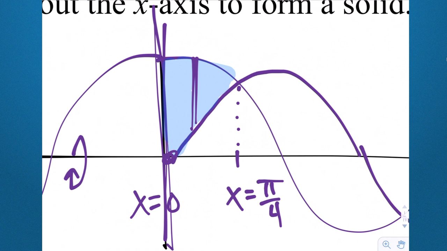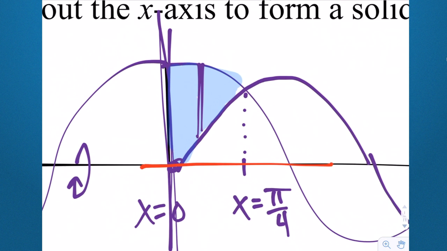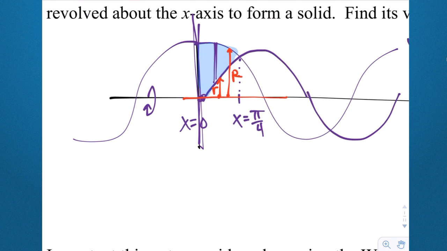All right, so now is this going to be a perpendicular or perpenwashular method? It's a washer. Good, because our axis is the x-axis, and it's not flush up against the x-axis. So from the axis to the first curve is little r, and from the axis to the second curve is big R. And if you could draw it, you can write the equations. I have faith in you.